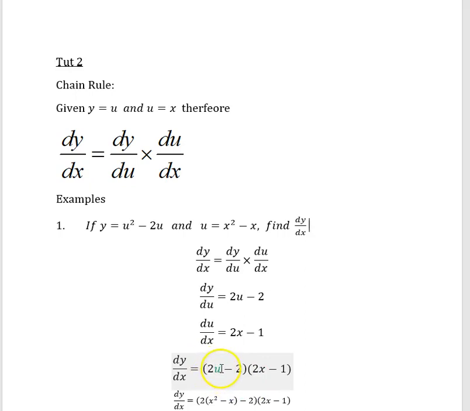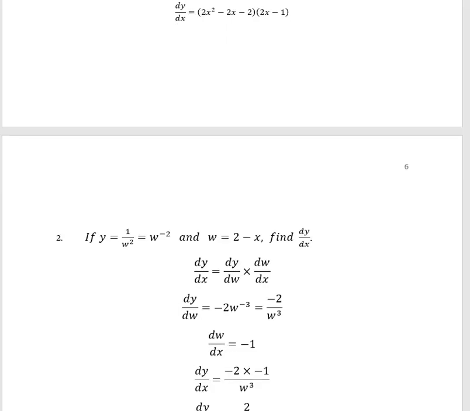So I need to change that u by substituting u as x squared minus x. And that's what I did there, x squared minus x. If you leave your final answer like this, you should have your full marks, because all we are testing is for you to differentiate, and you have differentiated. But if you feel like expanding or opening the bracket, you are welcome to do so, but it is not necessary. Let's look at example 2.